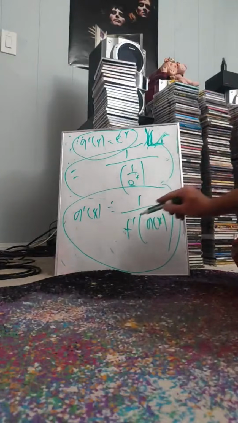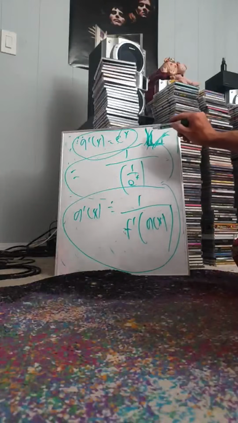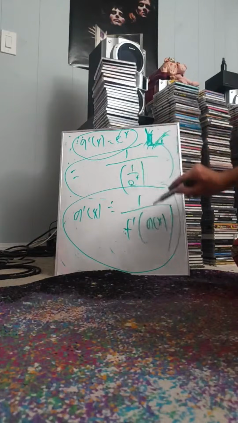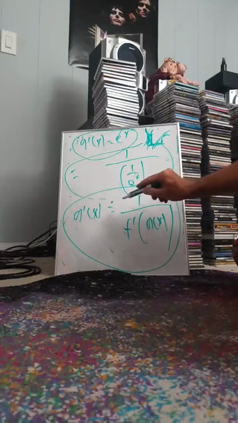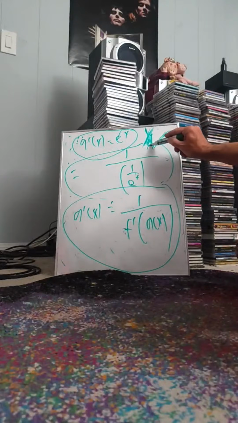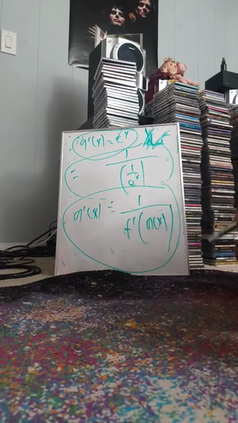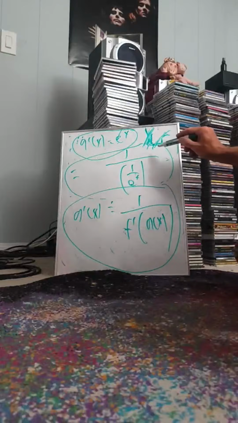That's right. This slope here, the lower line, at the value of this function here, is inverted, or 1 over this slope, which is g prime. This slope is g prime of x.